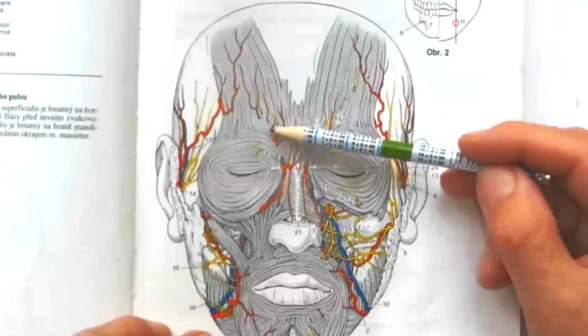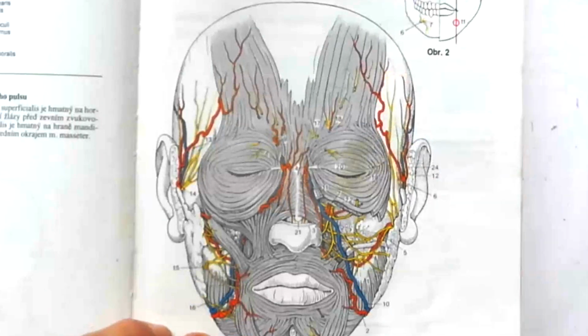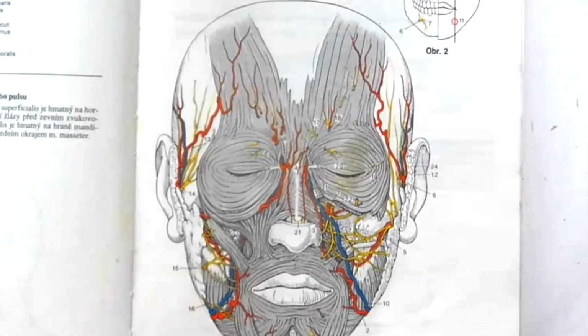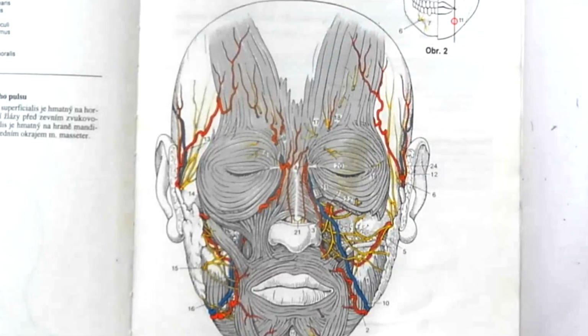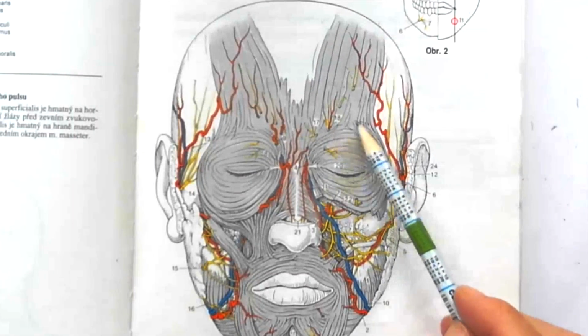They have connections with the ophthalmic vessels. Then we know that this area also has connections between the ophthalmic artery and the other arteries. These interconnections are very important for practice, for these arterial and venous connections and the spread of infection.